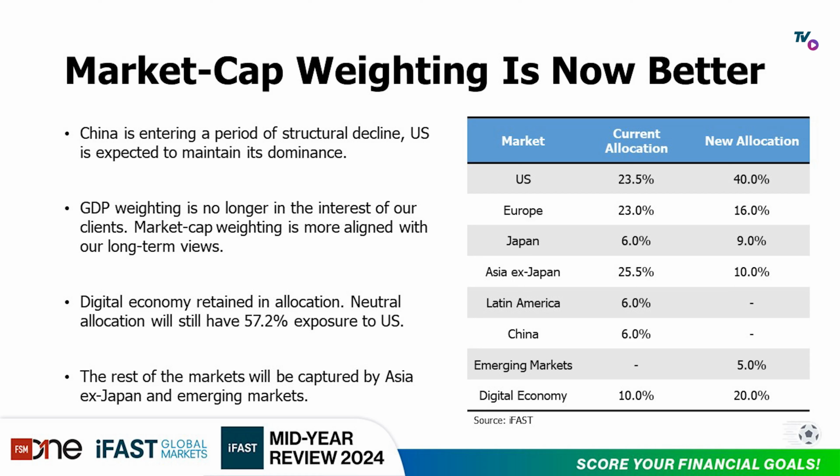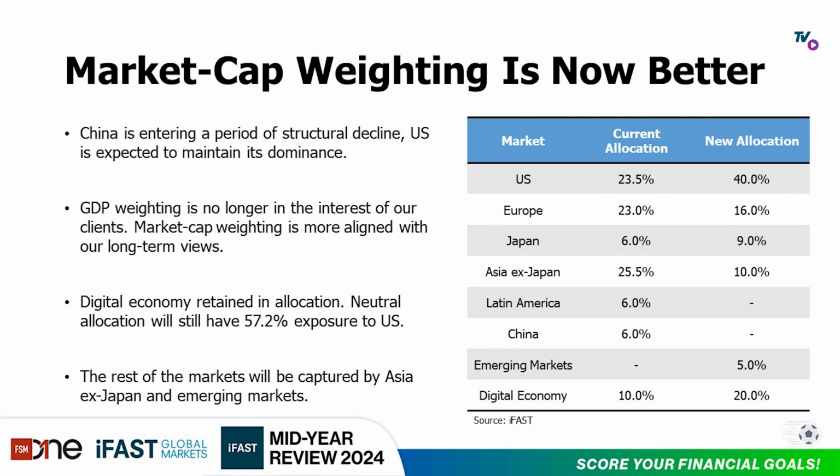This is a reflection of our strong belief that digital economies, digital technologies are expected to drive massive disruption in the years ahead. The rest of our portfolios is allocated across other major equity markets, and that includes Europe, Japan, and Asia ex Japan. We have also replaced our allocation to China and Latin America with a 5% allocation to emerging markets.